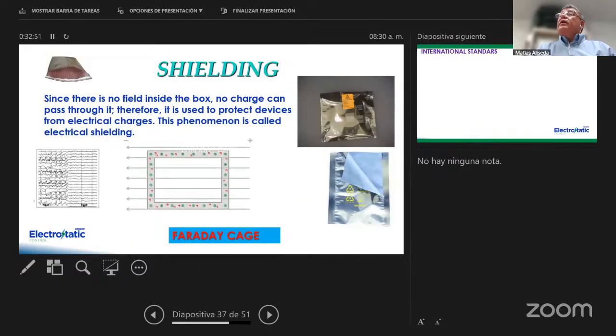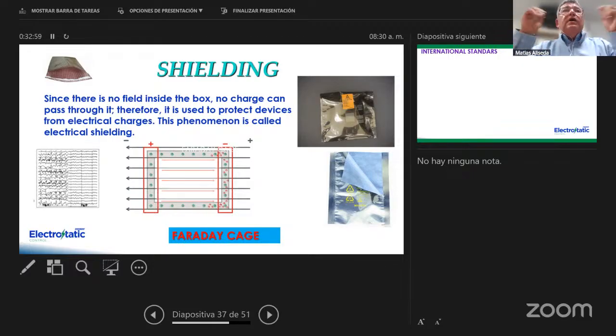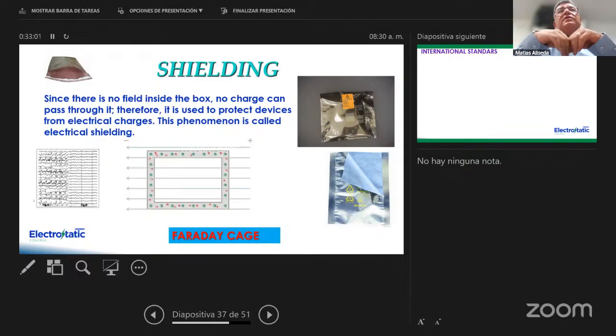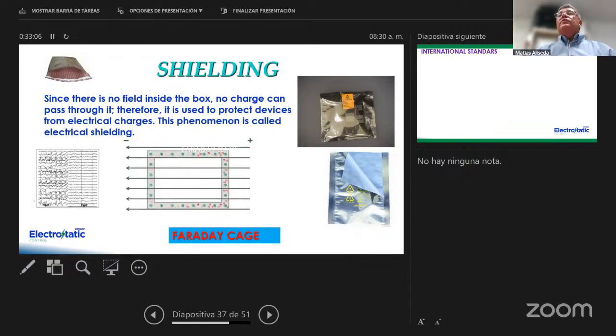Okay, and shielding. Shielding is just a Faraday cage. You put the device inside a shielding bag, and it doesn't matter what happens outside. You can be dancing with plastics, and nothing happens inside that bag.